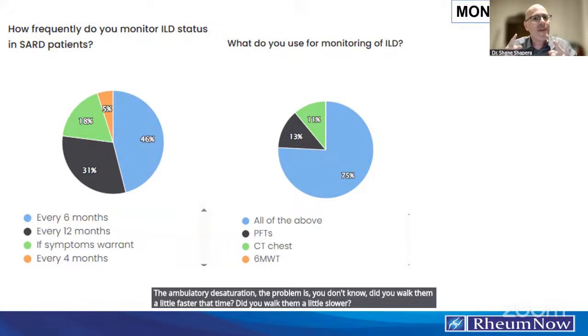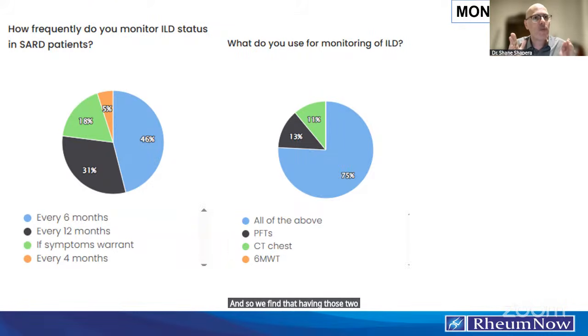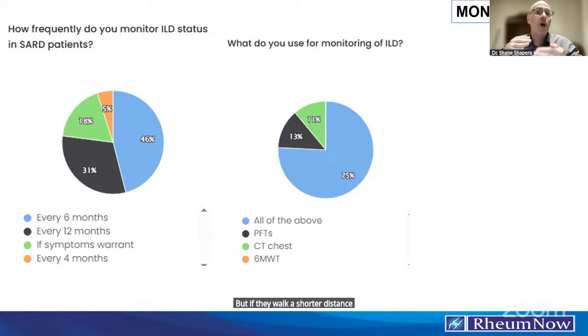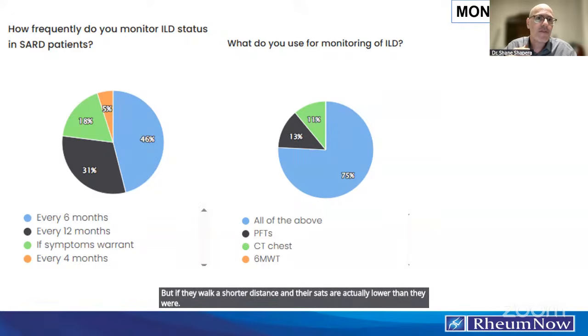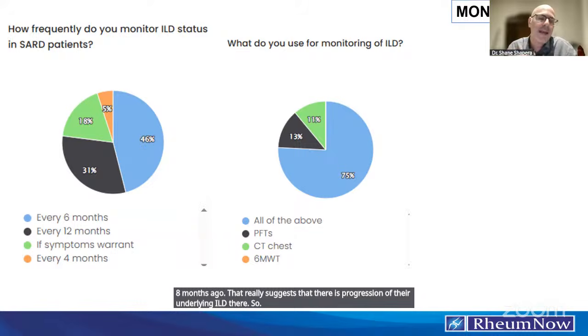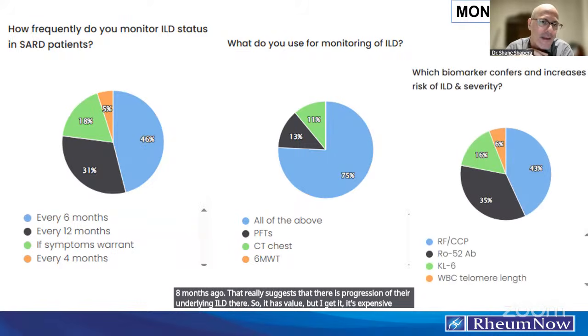So we find that having those two elements, the distance walked and the oxygen saturation, is helpful because if they walked a shorter distance, but their sats were higher, they're not limited by their ILD, and it's probably their joint disease or deconditioning. But if they walk a shorter distance and their sats are lower than they were 8 months ago, that really suggests progression of their underlying ILD. So it has value, but I get it. It's expensive and not readily accessible.